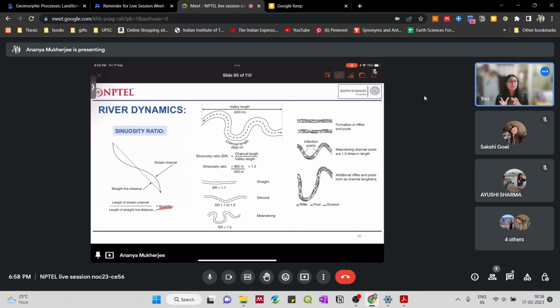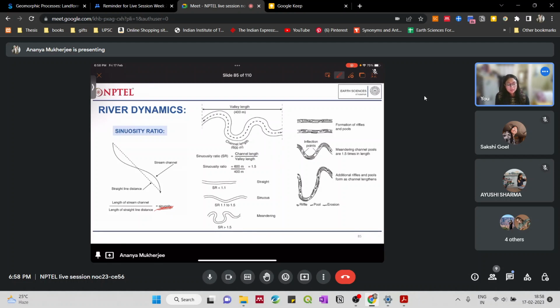These things are important for us to understand the migration of the channels that we are going to study, and I am going to explain channel migration also. So sinuosity, or the sinuous nature of the channels, is going to help us in determining these things also.